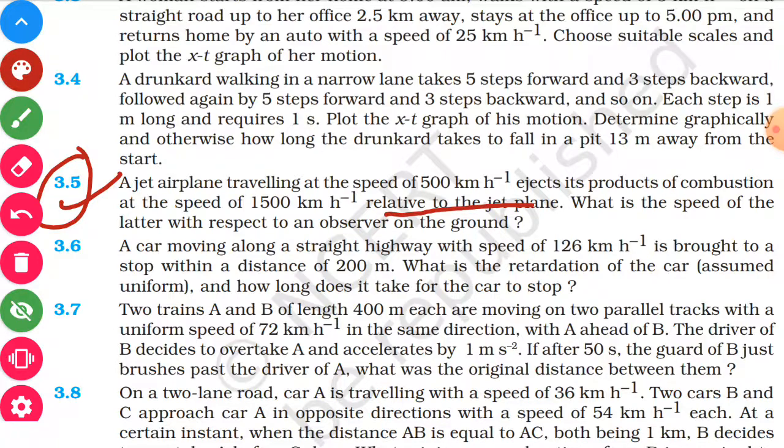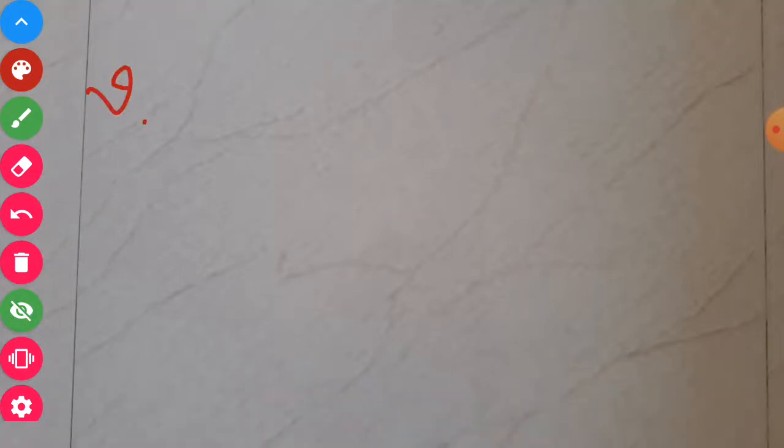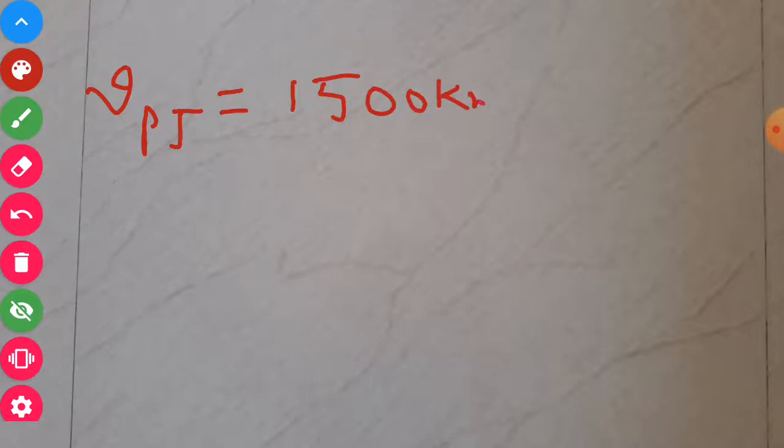So this is the velocity of the product with respect to the jet plane, and that velocity is given to us as 1500 kilometer per hour.